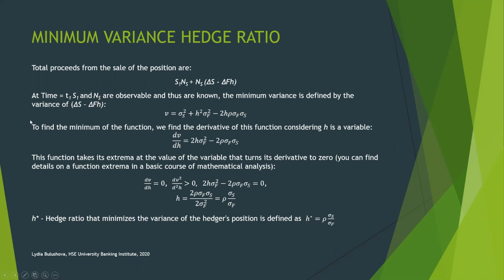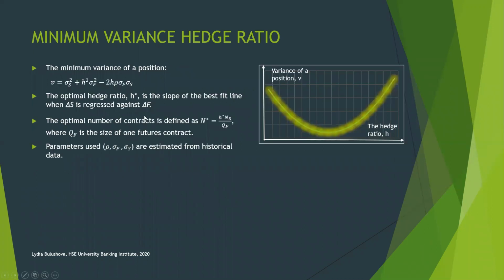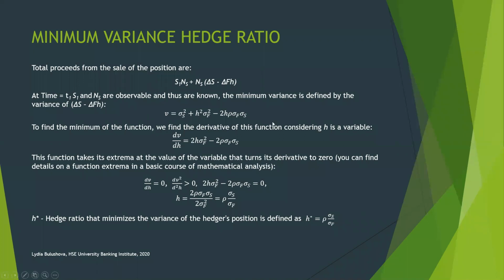Try to remember what you have studied during the course of mathematical analysis. Since we have expressed the variance of the portfolio, we can treat this as a function. There is something squared, and something here. Once again, something squared, and something here. So it just looks like a function. H is a coefficient, it's a number.